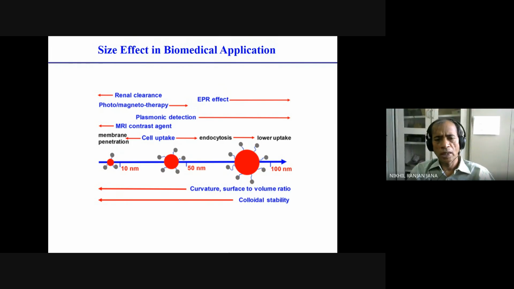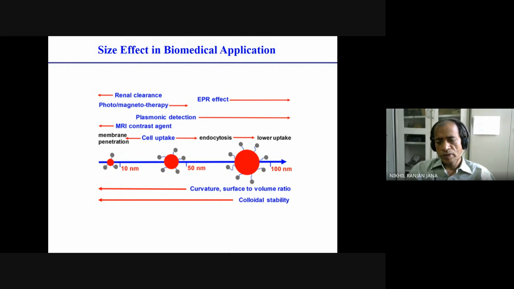If you want a magnetic nanoparticle based MRI contrast agent, smaller size is better. If you want more efficient cellular uptake of your materials, size should be between 10 to 50 nanometers. So many other issues. But you also have to know the colloidal properties of materials, how you can disperse them better.